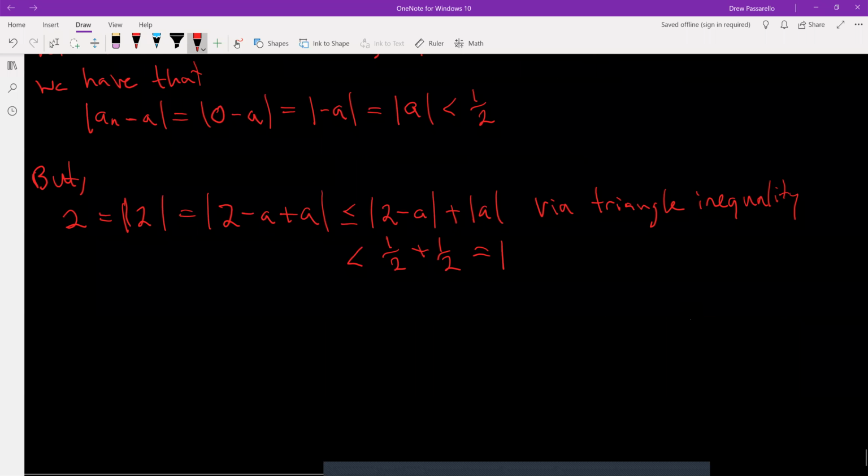But this says 2 is less than 1. That's a contradiction.